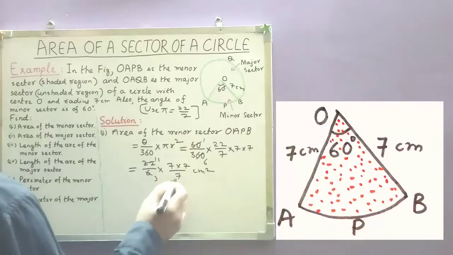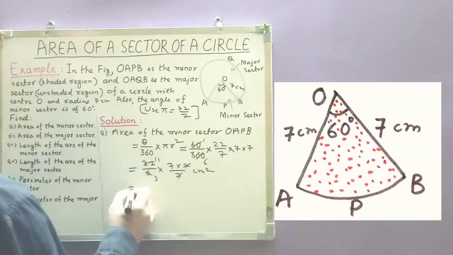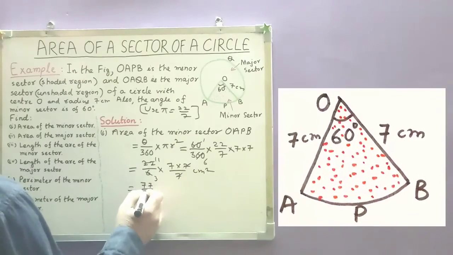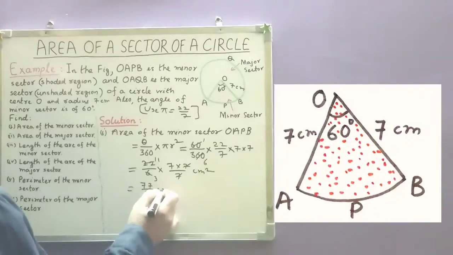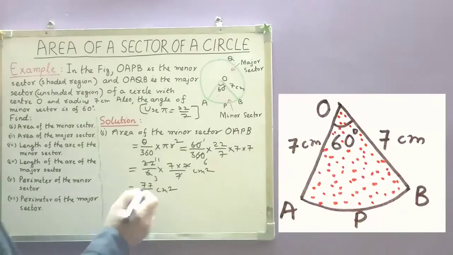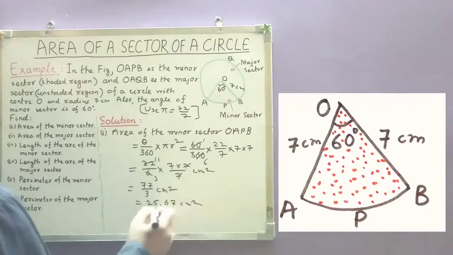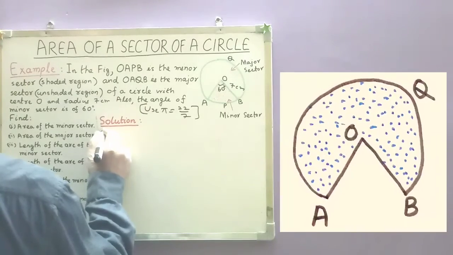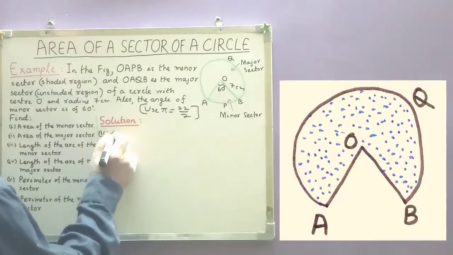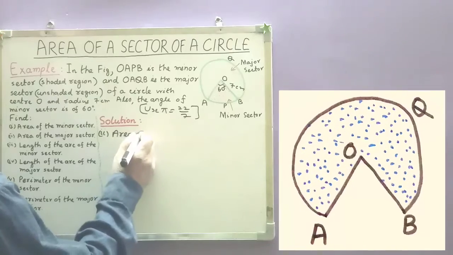On simplifying, we get 77 upon 3 centimeter square, that is equal to 25.67 centimeter square.